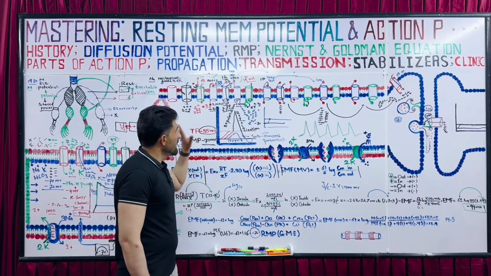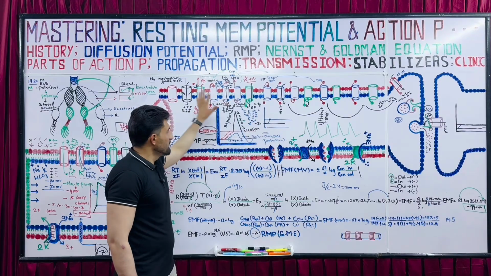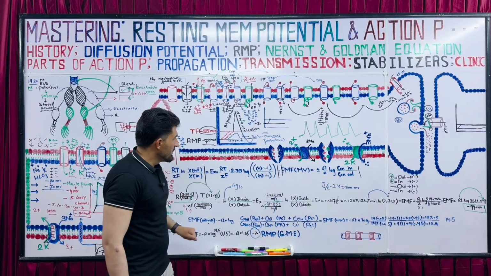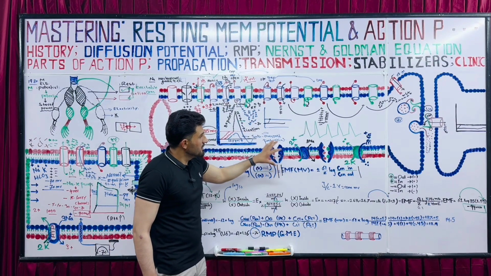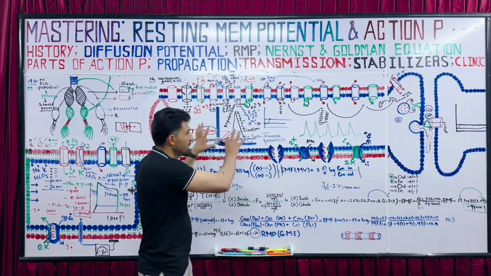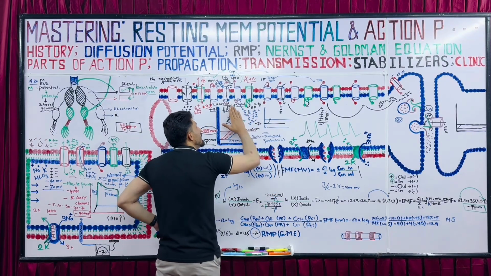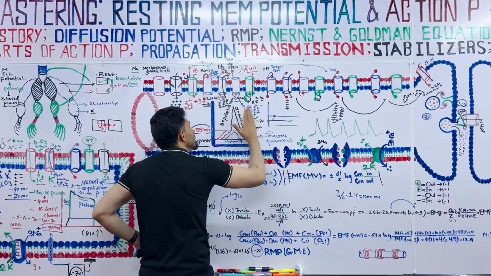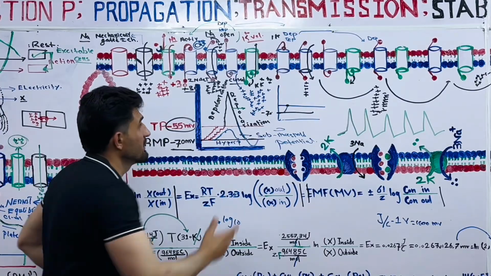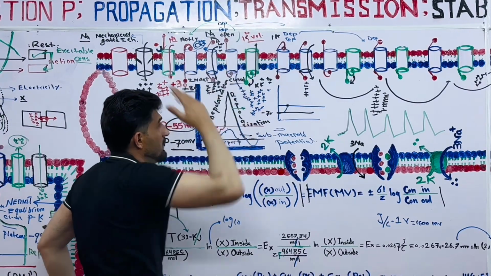After the end of the action potential, after applying the all-or-none principle to this cell, there are some factors that re-establish everything. For example, during action potential we gained a lot of sodium and lost a lot of potassium.